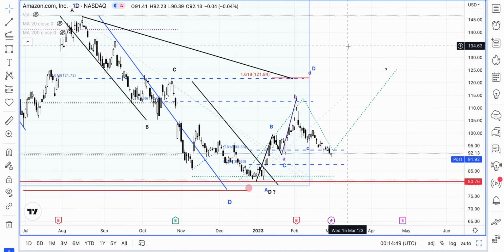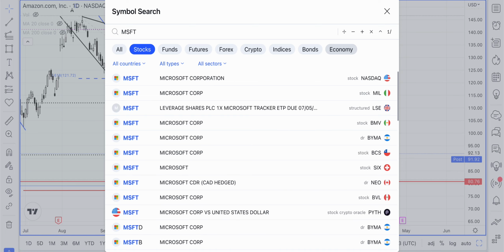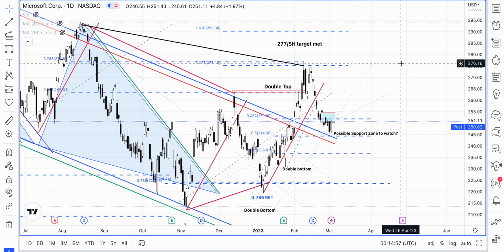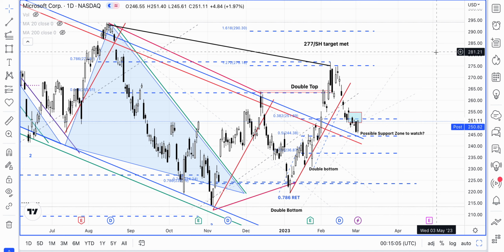All right. Okay. So the next one we are going to take a look at is Microsoft. The Microsoft stock is very, very interesting. On the fundamental level, I had mentioned that because of their acquisition of OpenAI and ChatGPT, all of a sudden it's gone into an industry which is likely to grow really rapidly.